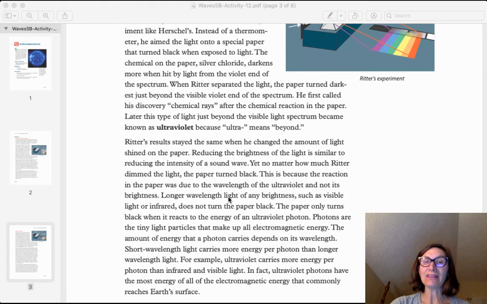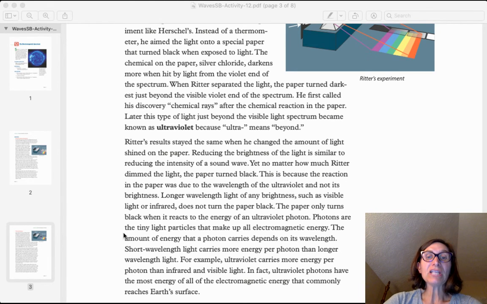Longer wavelength light of any brightness, such as visible light or infrared, does not turn the paper black. Remember the difference between wavelength, which is the frequency of how many waves, and the brightness, which is amplitude. So I can change that amplitude of brightness, but it's the wavelength that changes this silver chloride.